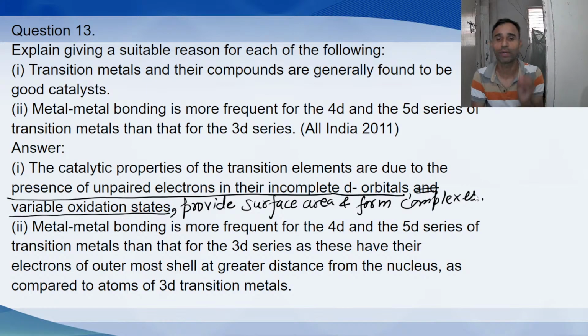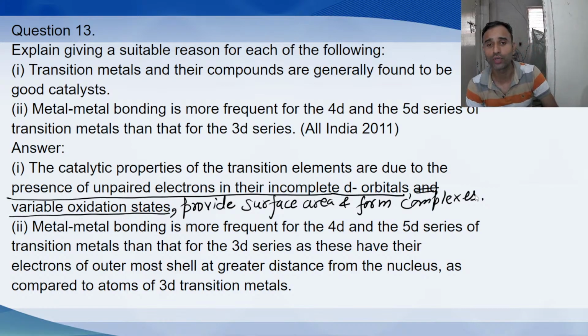So catalytic properties of transition metals are due to the presence of unpaired electrons in their incomplete d orbitals. They have variable oxidation states. That's also a point in favor of catalytic nature. They provide surface area, like in hydrogenation reactions, and they can form complexes. So that's why they are good catalysts.